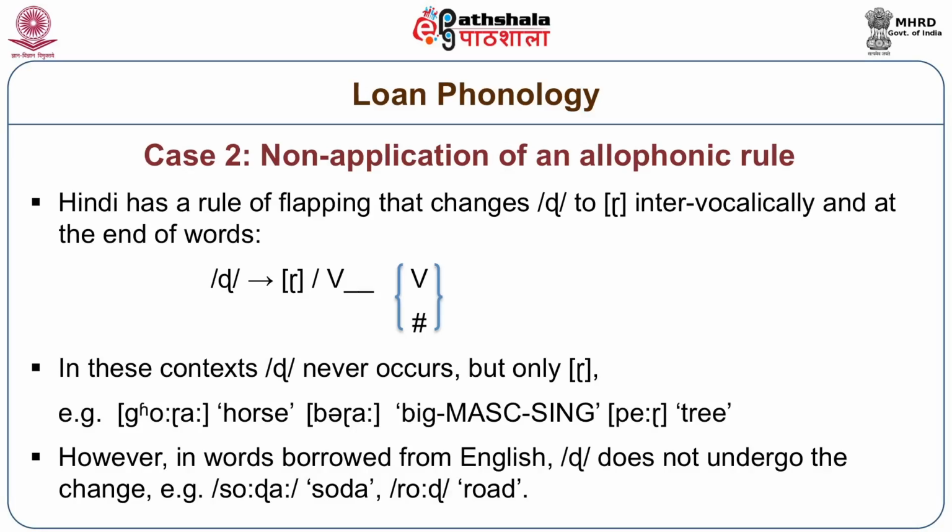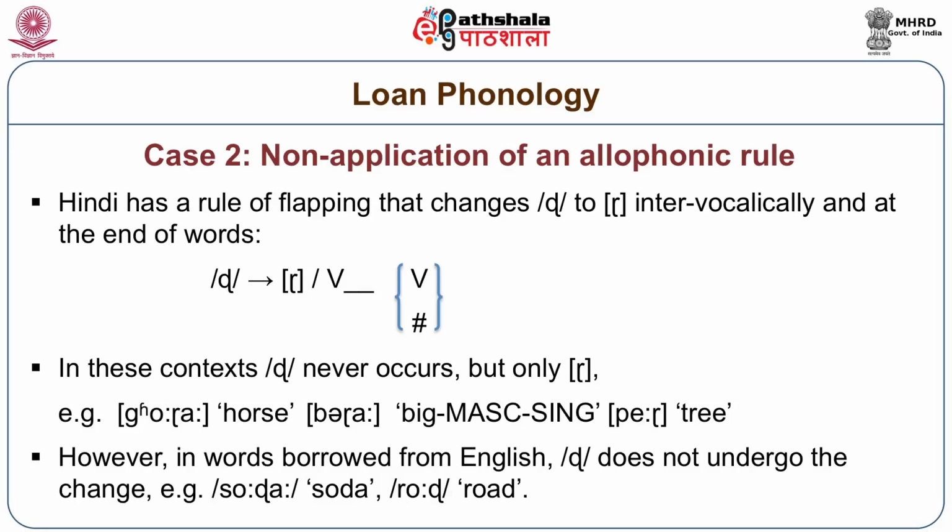For example, we say ghoda or ghadi or peda. Now, ghoda means horse, ghadi means clock, and peda is a kind of sweets. There is another context where the change takes place, that is word final.